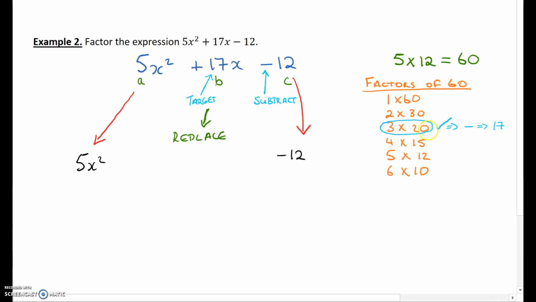So that's 3x and 20x. I'll put the big number first. It's not important, but it makes it easier to explain for consistency later on. So I'm going to keep 20x and 3x.